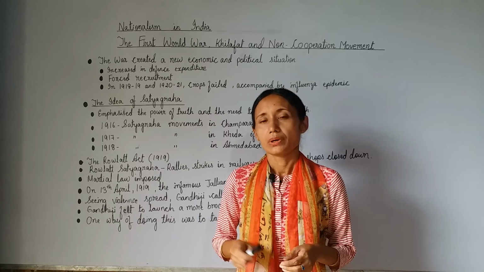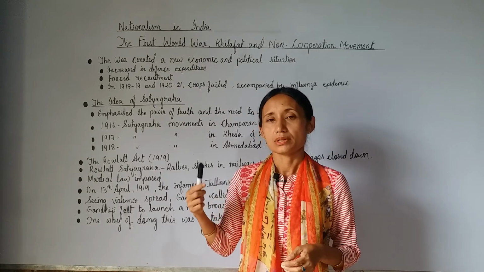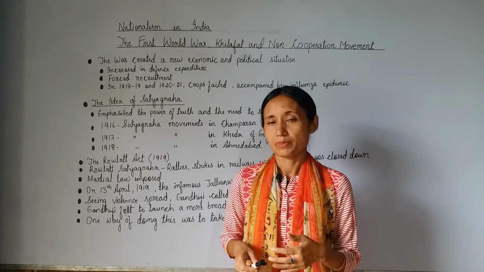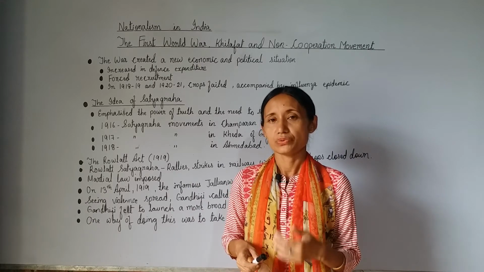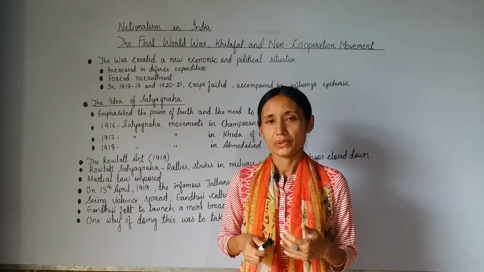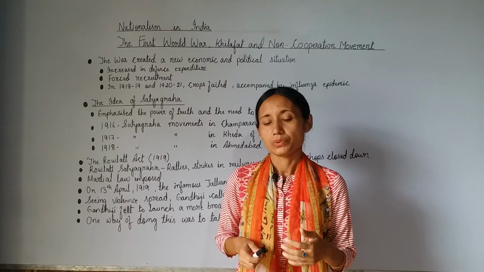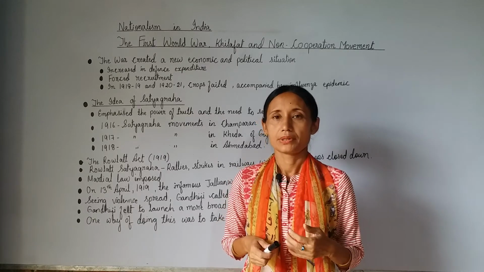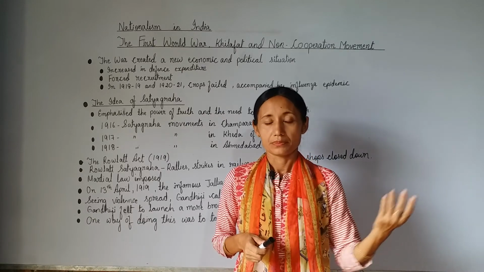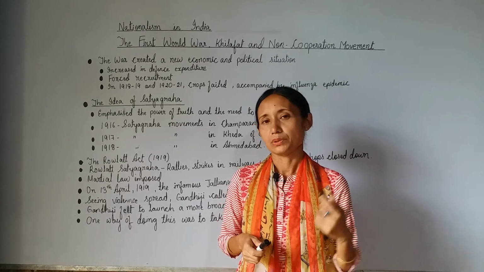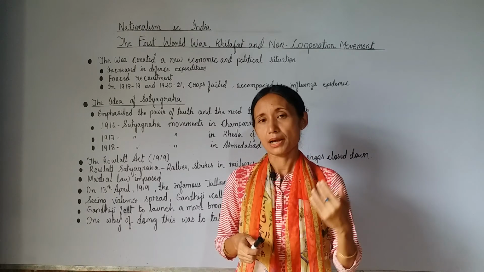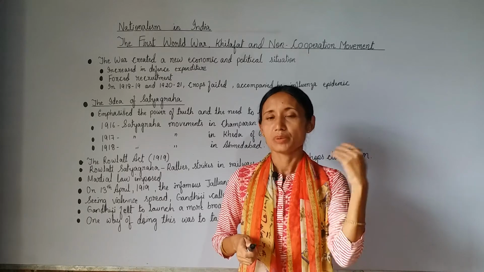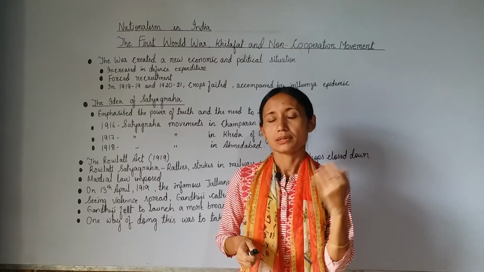Turkey was on the side of the Central powers, that's why Turkey was defeated, and in those days Turkey was ruled by the Ottoman Empire. After the war, a rumor spread that the Europeans, the Allies who won the war, were going to impose a harsh treaty on Turkey's emperor.